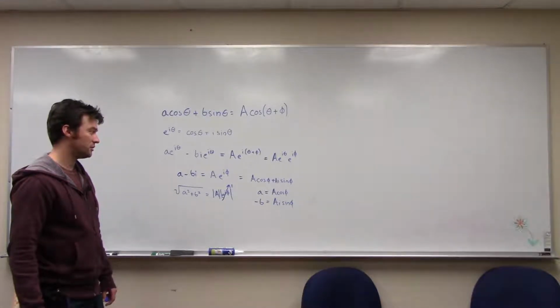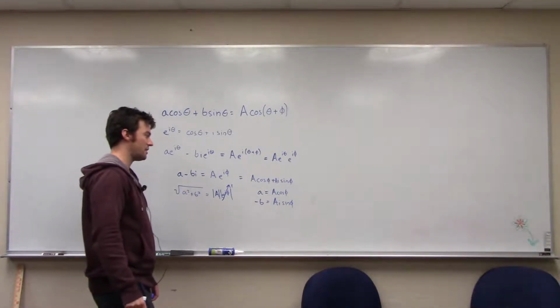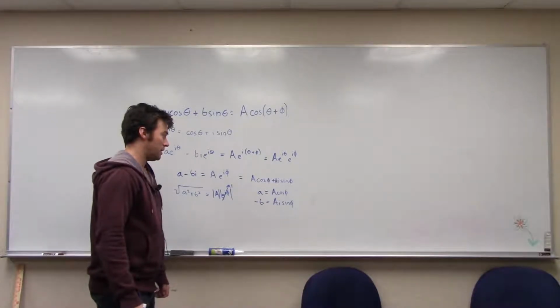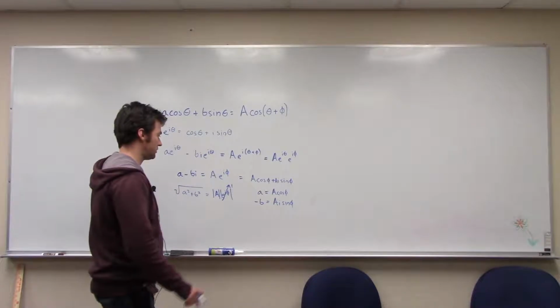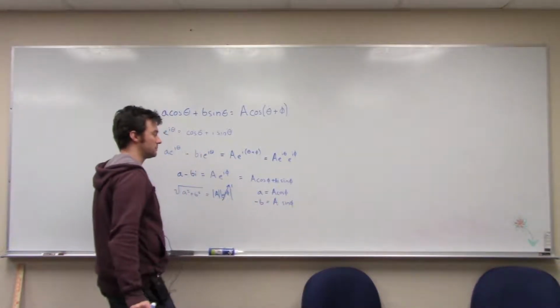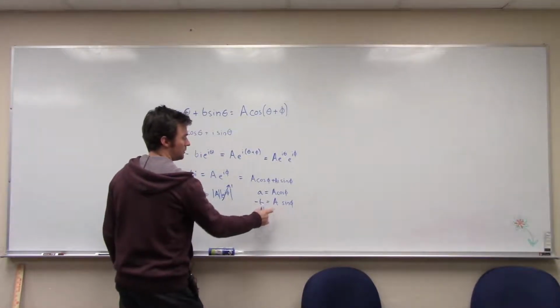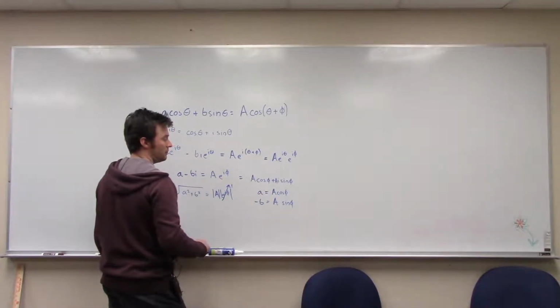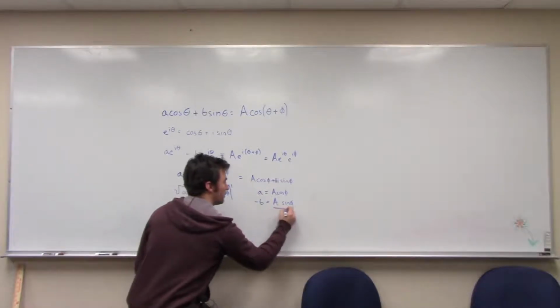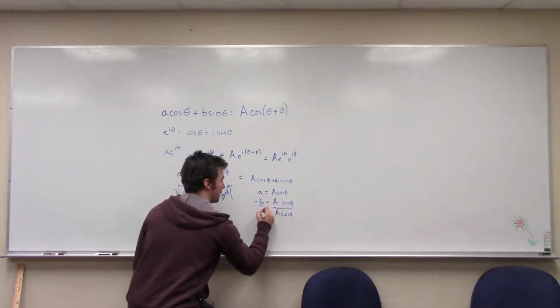All right, I can just divide through the two equations, basically. So I'm going to take this equation and divide one side by A cosine phi, and divide the other side by a.